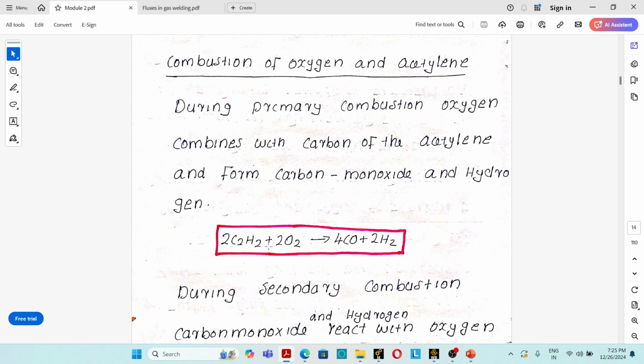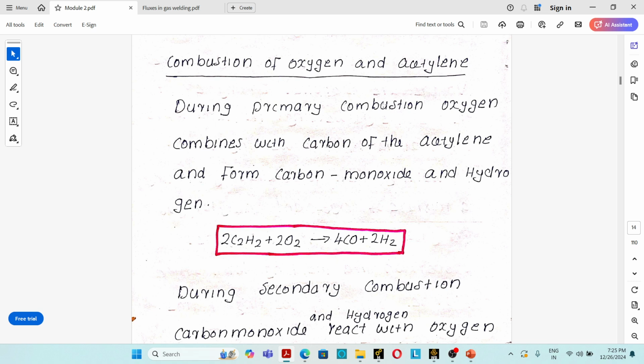While acetylene gas is burning in the presence of oxygen, primary combustion and secondary combustion take place. During primary combustion, oxygen combines with the carbon of acetylene and forms carbon monoxide. You can see 2C2H2 plus 2O2 gives 4CO plus 2H2.